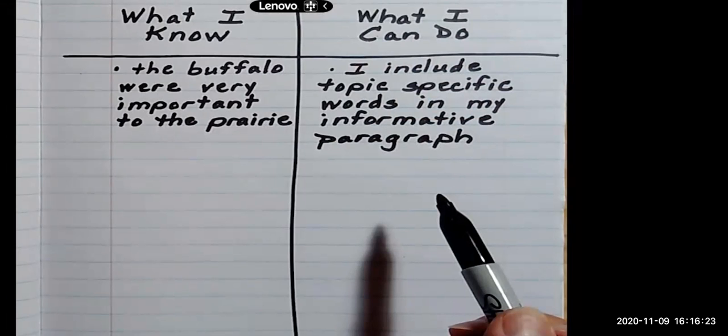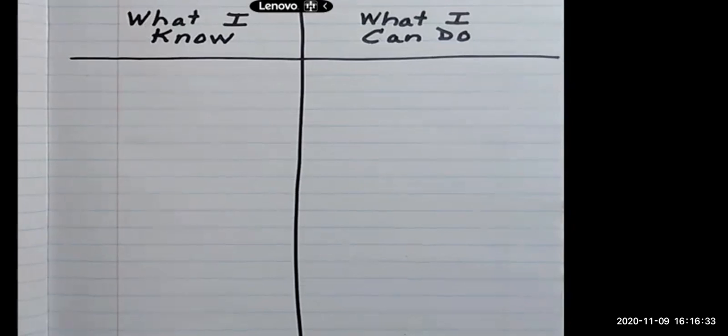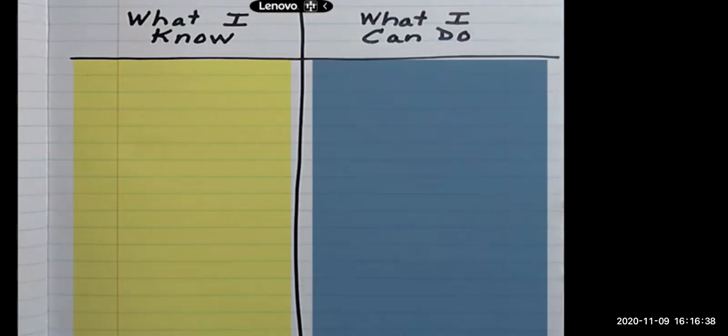So when I'm reading and writing about the past, I always make sure to include topic-specific words in my informative paragraphs. Now it's your turn to think about what you know and what you can do. Please pause here to work in your own journal and then just hit play when you're ready to continue.